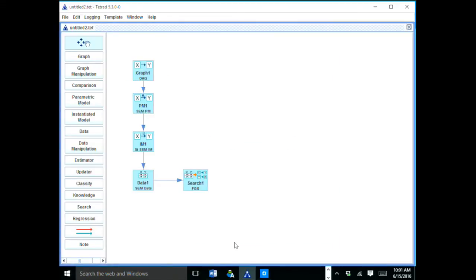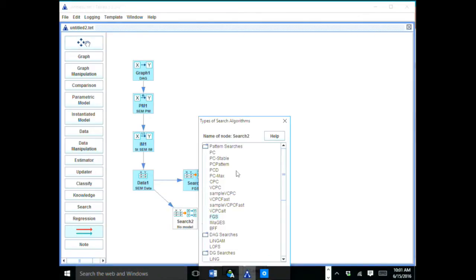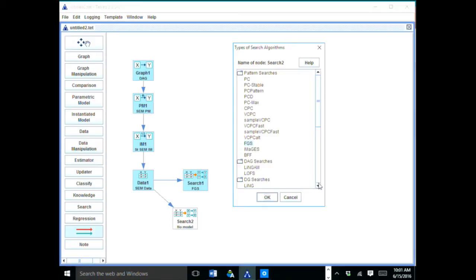But now let's do another search where I allow for the possibility of latent common causes. In that case, I'm looking at what's called a PAG search, partial ancestral graph search. There's several of them. This is the fast causal inference. This is the conservative fast causal inference.